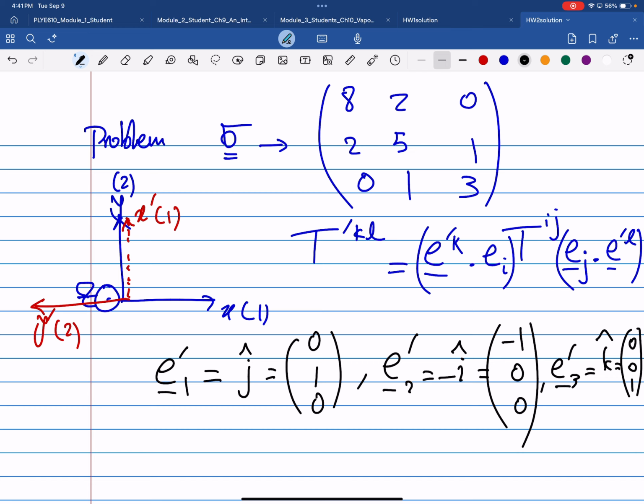But this is very good. Why? Because I can quickly write the reciprocal. This is IJK, right? You remember? IJK, they are self-reciprocal. So the reciprocal is the same.